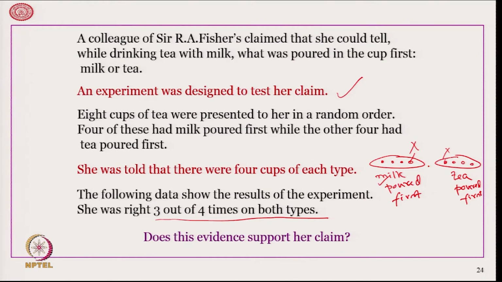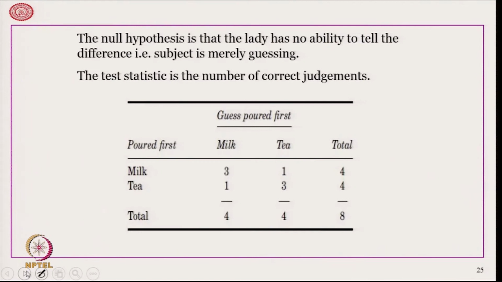So, the table that we get is actually: milk is poured first in these 4 cups, tea was poured first in these 4 cups, and she guessed that milk was poured first for 3 out of the first 4 and 1 out of the other 4, and naturally the other 2 values are fixed and the column totals are 4 and 4.